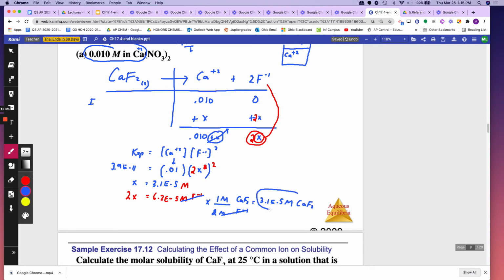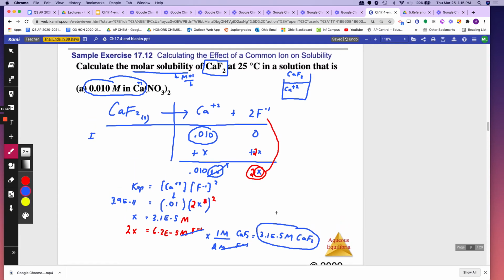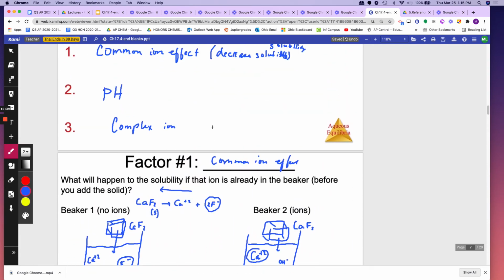Okay? With the common ion present. Let's go ahead and look at the molar solubility if there's no common ion. That's the previous problem.